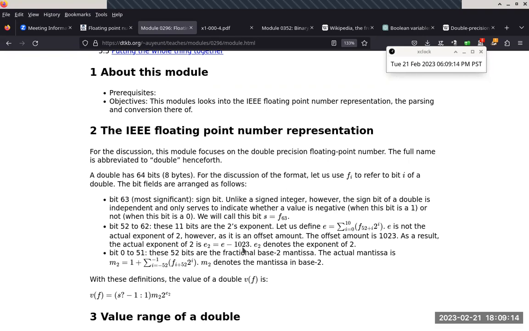So you're basically using algebra. This is what we want to figure out. This is known already. And this is a subtraction. So if we add 1023 to both sides, then we end up with the unknown on one side. And the other side becomes E2, which is 3 plus 1023. Algebra.